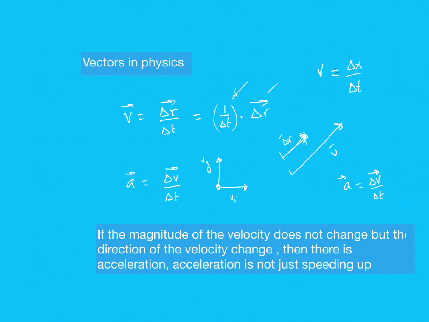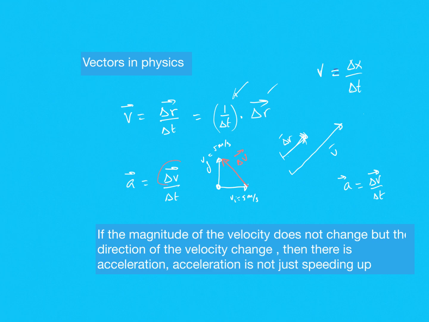So what is the change in the velocity, even if this is 5 meters per second and this is also 5 meters per second, so there is no change in the magnitude of the velocity? There is a change in the vector velocity, and the change in the vector velocity is this vector, the vector that goes from the vector initial to the vector final.